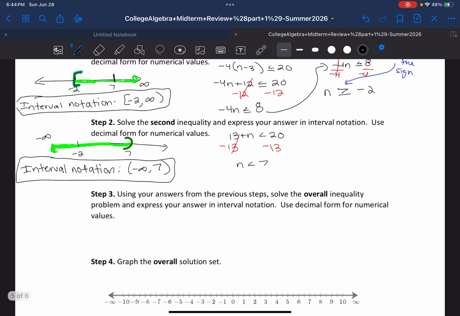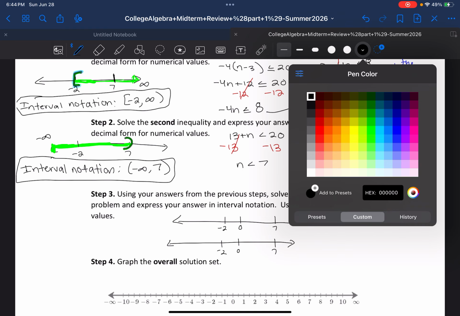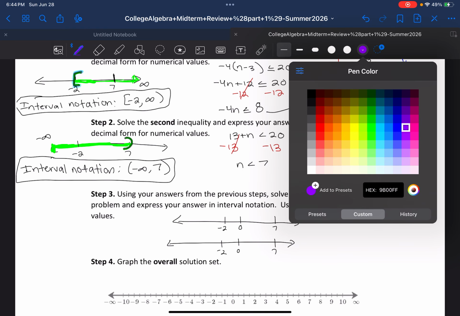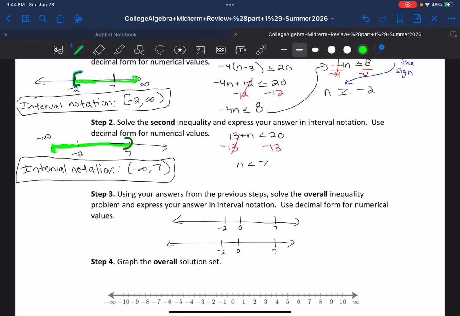Okay? And I will just show you again separately here. If I had 2 of these, say here is 0, here is 7, and here's -2. The first one we said was from -2 bracket all the way to the right.